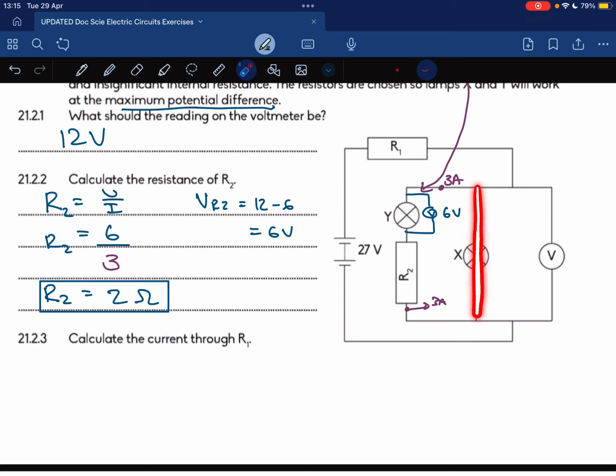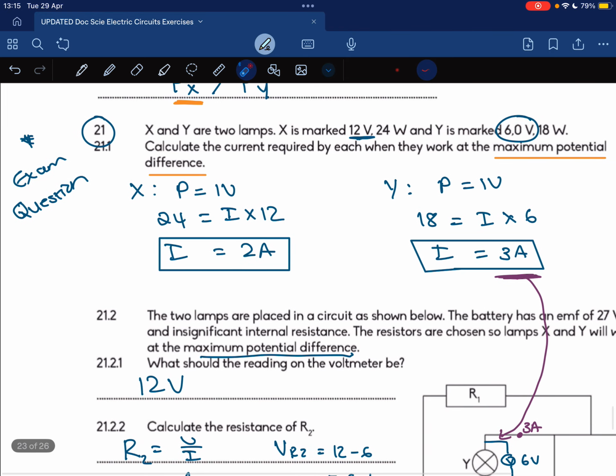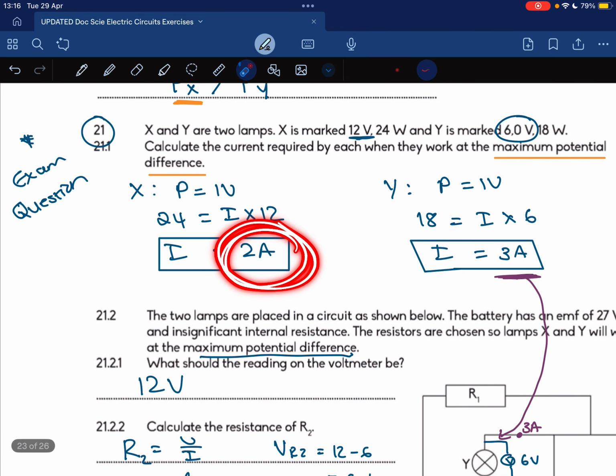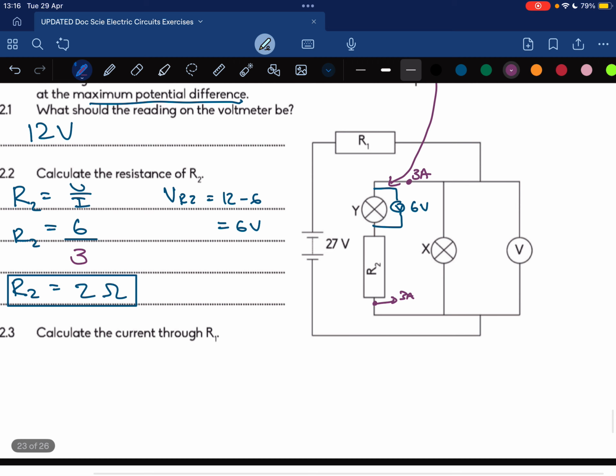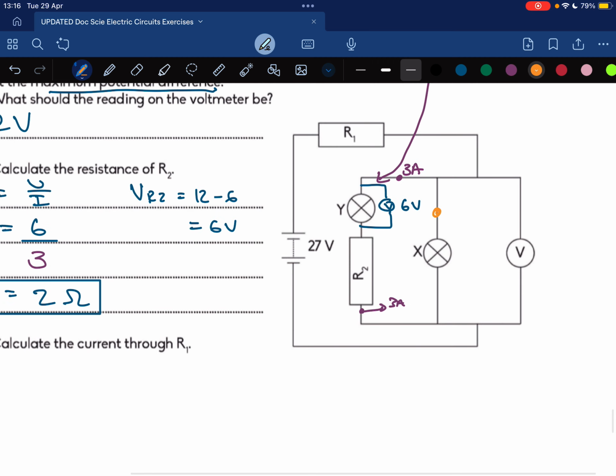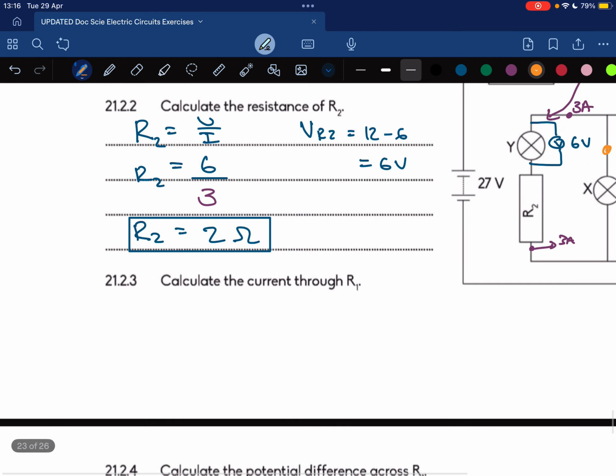We also know how much flows through X, because we calculated that earlier: 2 amps. So the total current will be those two added together. The current through R1 is going to equal 3 amps plus 2 amps, which is just 5 amps.